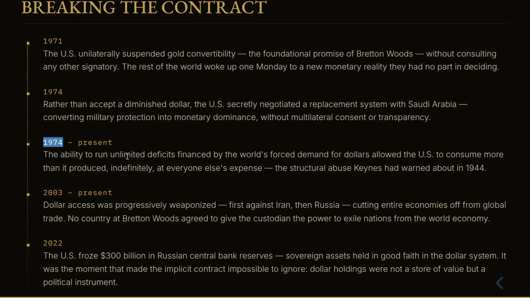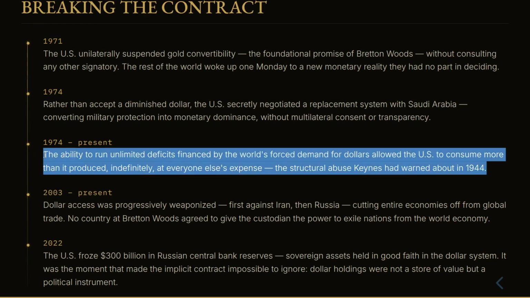1974 to present. The ability to run unlimited deficits financed by the world's forced demand for dollars allowed the US to consume more than it produced indefinitely at everyone else's expense. The structural abuse Keynes had warned about in 1944. Once again, I did not write this, but this is exactly what I was talking about, right?